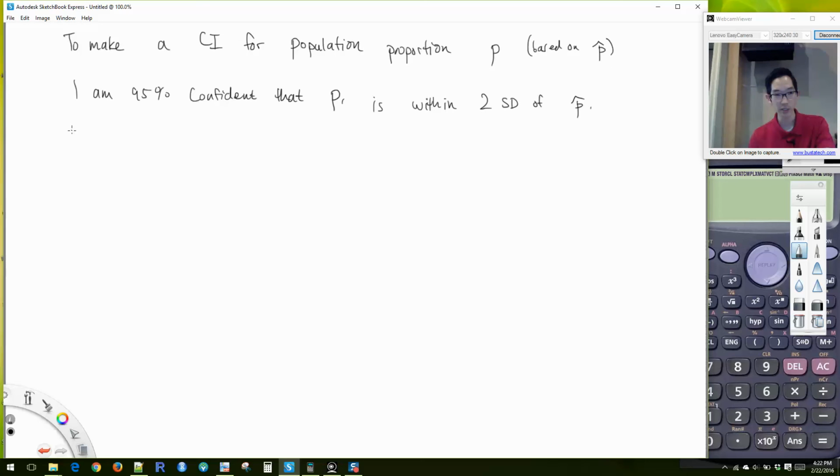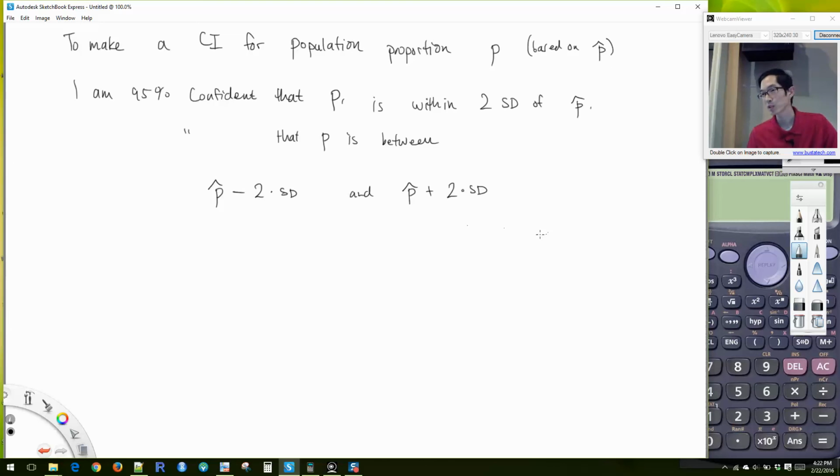Or in other words, I am 95% confident that p is between p hat minus 2 standard deviations and p hat plus 2 standard deviations.